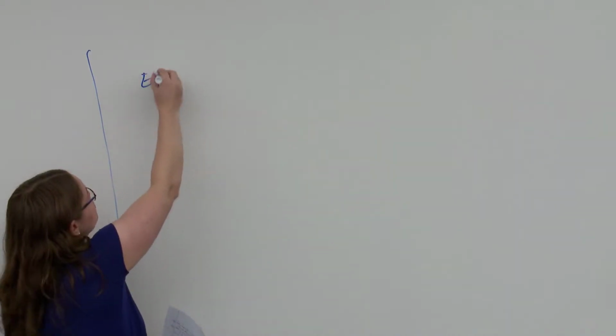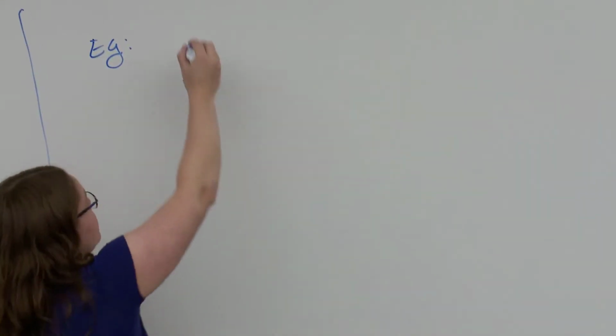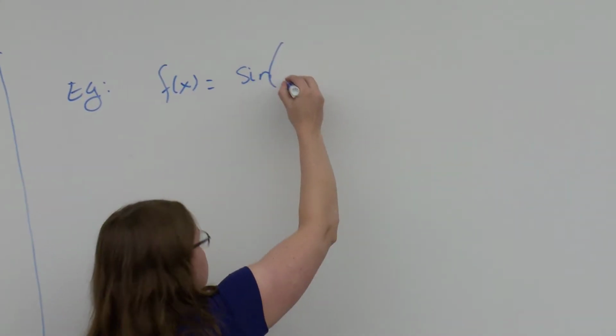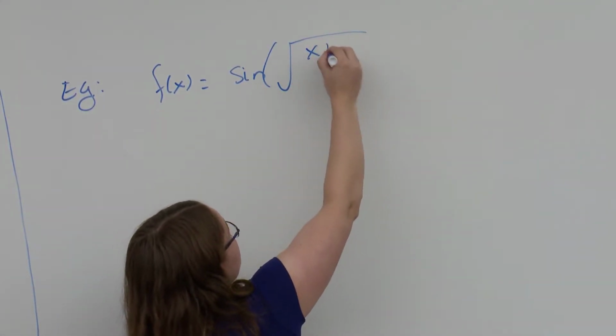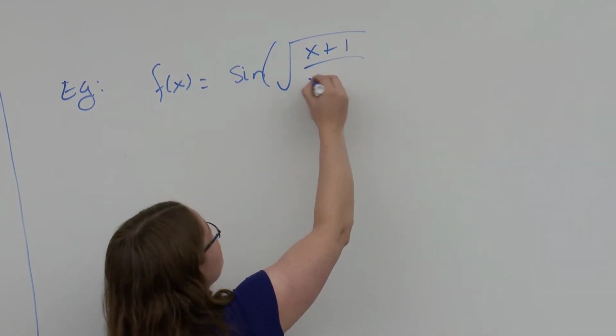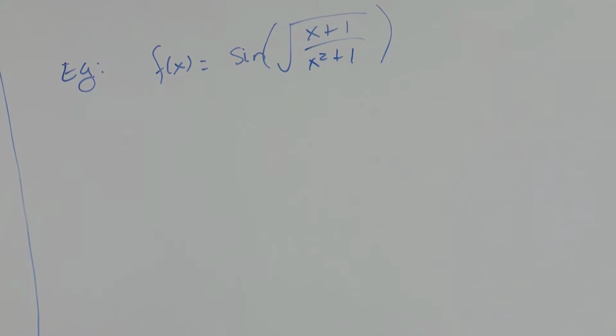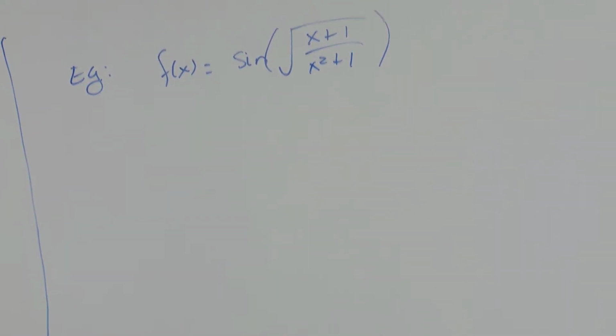Okay, so this is powerful. This lets us build up a lot more continuous functions just from some simple basic functions. So for example, f(x) equals, let's say, sin(√(x+1)/(x²+1)).